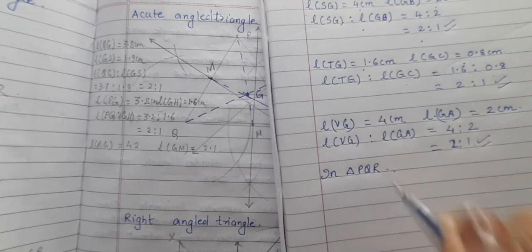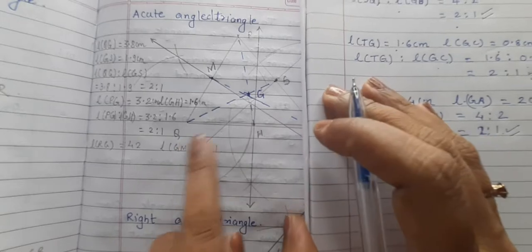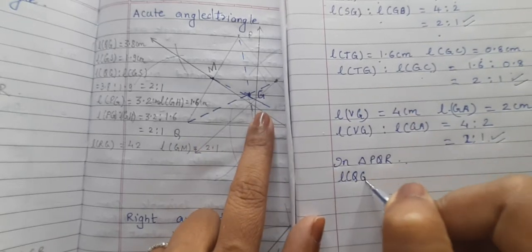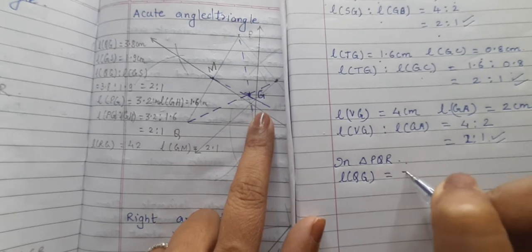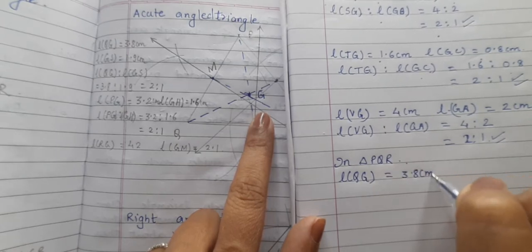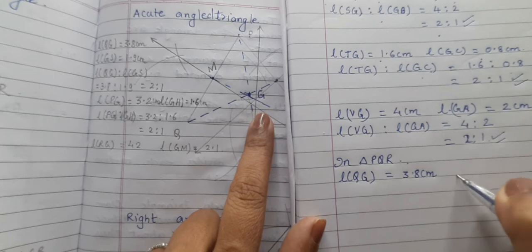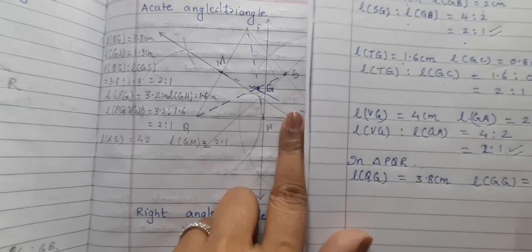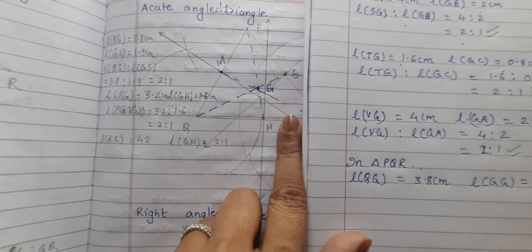When we measure the length of QG with the help of the scale, it is equal to 3.8 centimeter. And length of GS is equal to 1.9 centimeter.